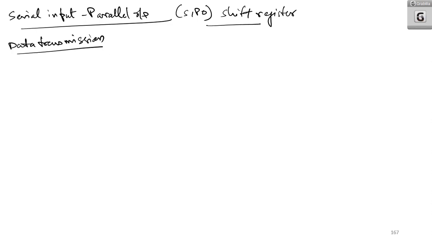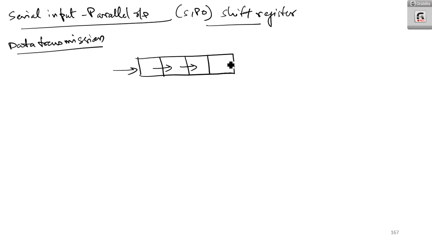Now see, here the input is in serial format and the output you have to take in parallel. That means from each flip-flop you have to take the output. That is already a difference here. Suppose I have 4 flip-flops here, as square boxes. Data will be coming in here and will be transmitted to here.